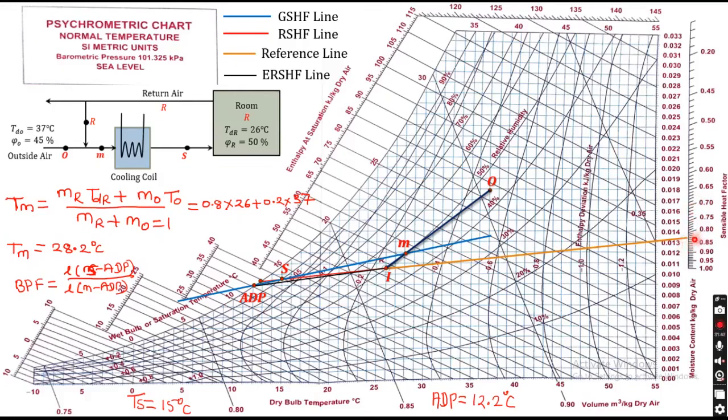If we do this, it is near 0.801, or we get 0.81 itself. So this way also we can find out the effective room sensible heat factor. Okay, thank you so much.